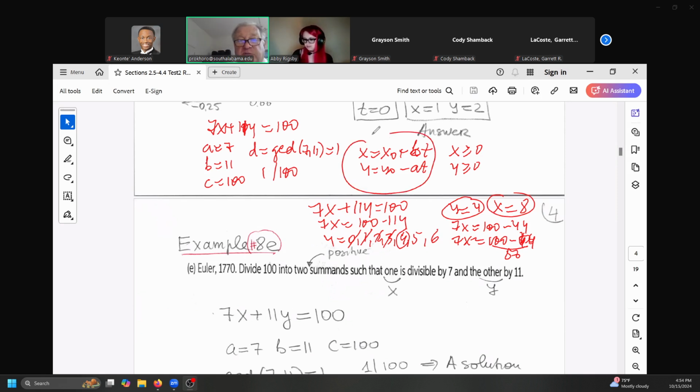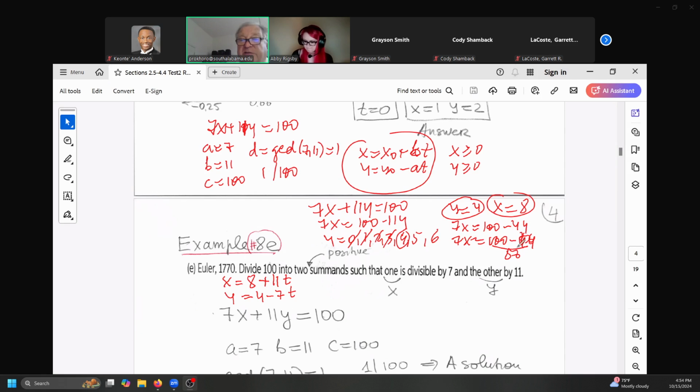Use this formula. Tell me what is the answer. This is the answer for the equation, but it's not the answer for the problem. So x equals 8 plus 11t and y equals 4 minus 7t.